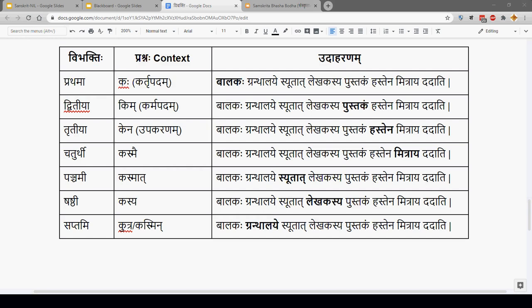So when we use khelati, kridati, when he is playing with a ball, on the ball we put the third vibhakti, the third case ending. What is the word for ball in Sanskritam? Kandukaha, which is like hastaha. So similar to hastena, kandukaha becomes kandukena.